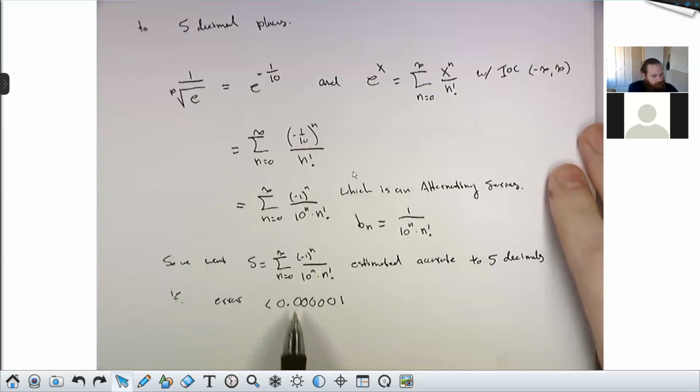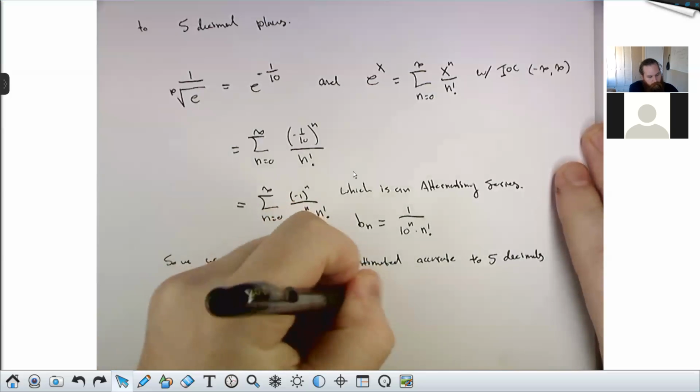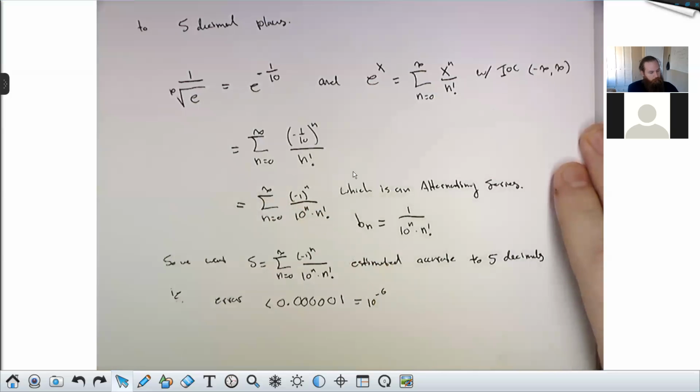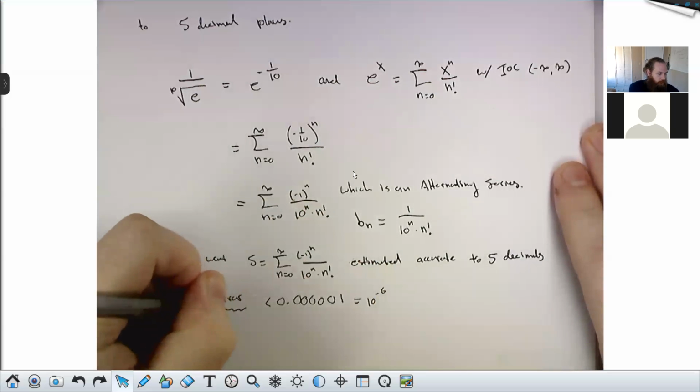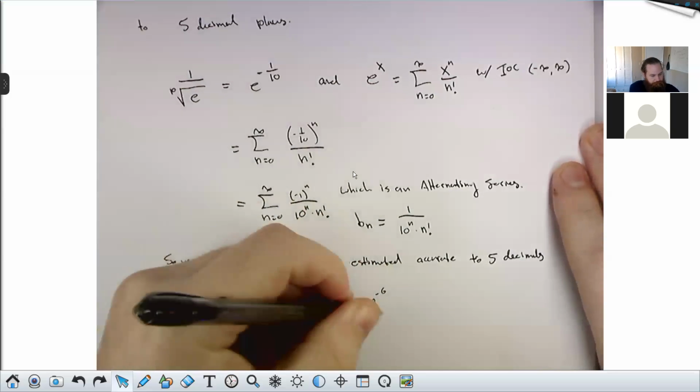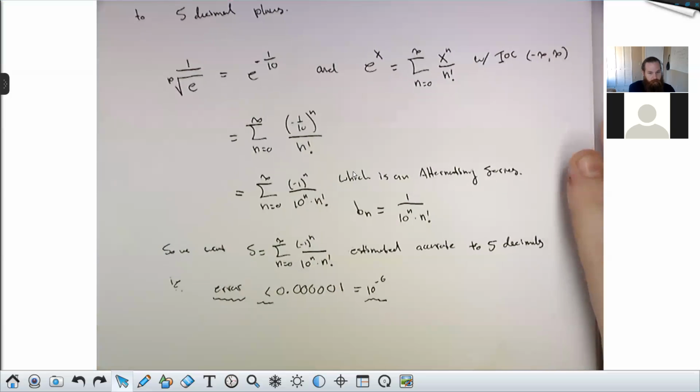Now, what is this number? This is 10 to the negative 1, 2, 3, 4, 5, 6. So we want our error to be less than 10 to the negative 6.